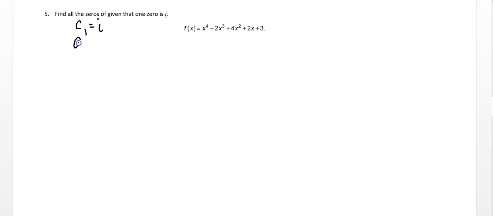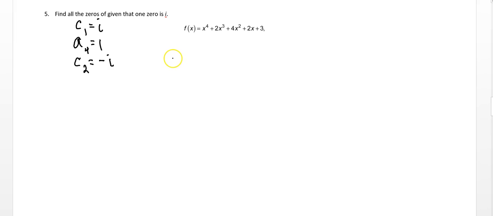Our lead coefficient is 1. Well, based on the conjugate root theorem, if i is a distinct zero, then so is -i.